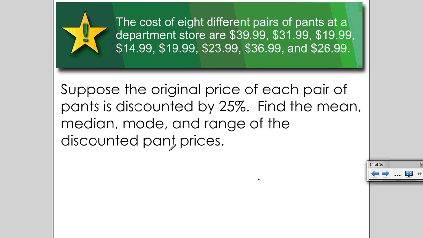So, first of all, add all these up. And when you add all of them up, just for time's sake, you guys know how to add decimals, so we're going to use a calculator to do this. 31.99 plus 39.99 plus 19.99 plus 14.99 plus 19.99 plus 23.99 plus 36.99 plus 26.99 equals.